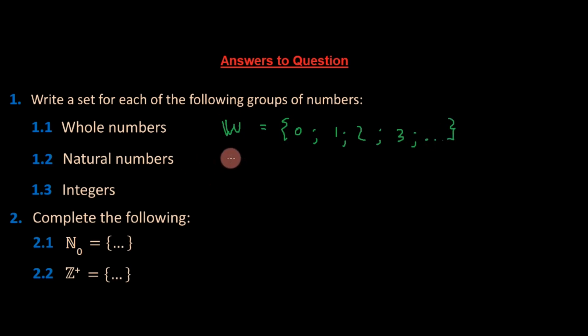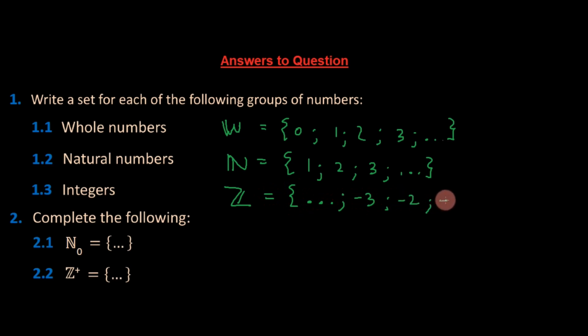Then the set of natural numbers, it's N. And we know it's all the whole numbers excluding 0. So 1, 2, 3, etc. Then the set of integers, it's Z, and it's negative 3, negative 2, negative 1, 0, 1, 2, 3, etc. Of course, these numbers continue to the left of negative 3 and also to the right of 3.